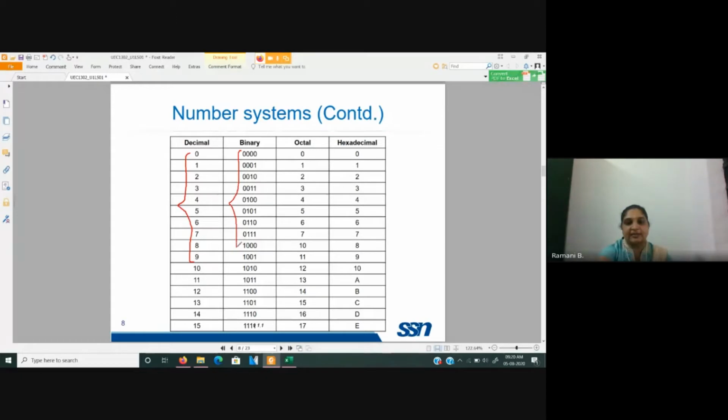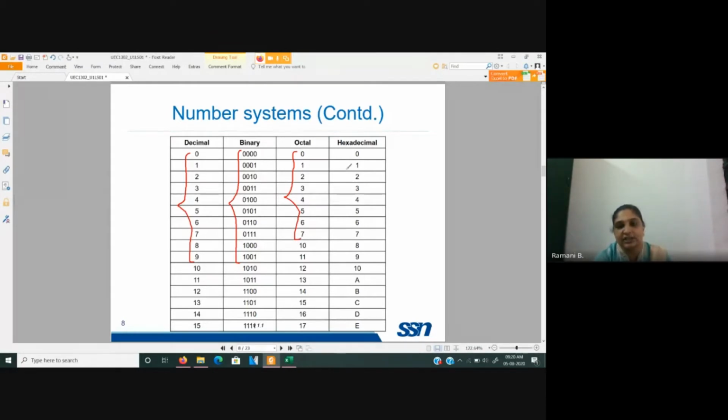As we are showing it from 0 to 15, we have used the 4-bit representation. Otherwise, according to the requirement, you can use more bits, with zeros at the leftmost end. In octal representation, you have the numbers 0 to 7, and after that these things will be repeating.